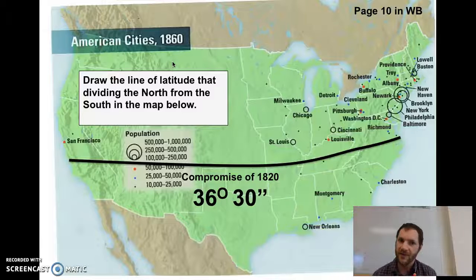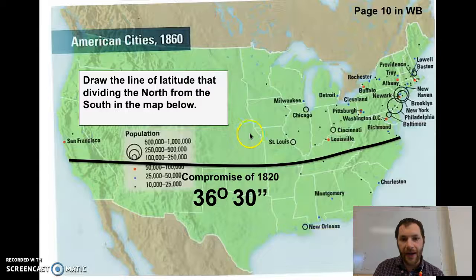There was already some tension and animosity toward slavery, since the main reason for the Civil War was slavery. The Civil War started in 1861, so this is about 40 years prior to that.